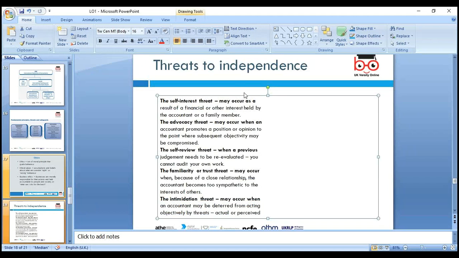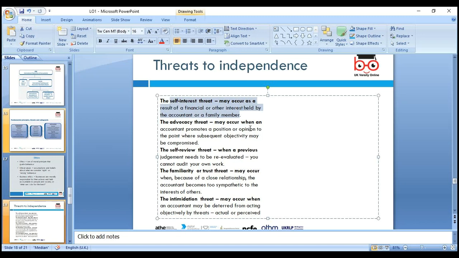You're telling them, I'm going to set up this legislation, if you're a prime minister. So that's a self-interest threat that compromises your objectivity, because your objective is the welfare of society, the wider interest of the public, not just the interest of a few people. That can happen in the real world.